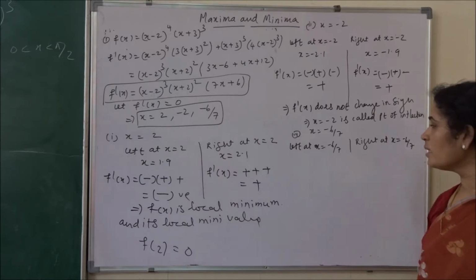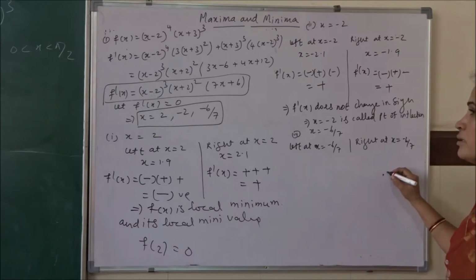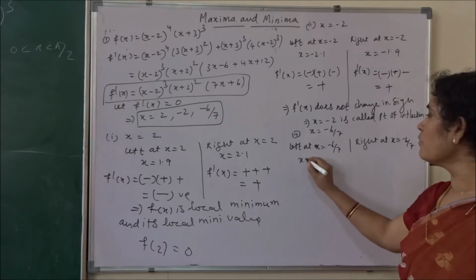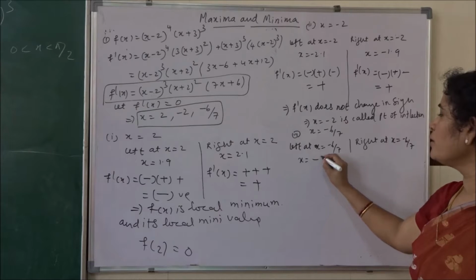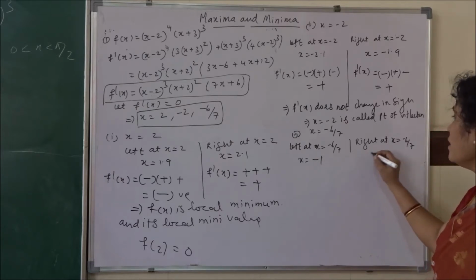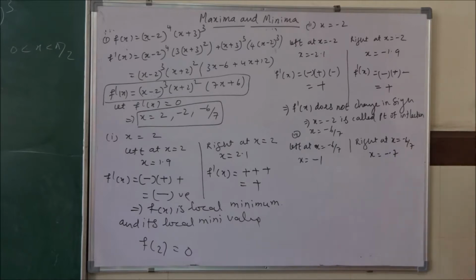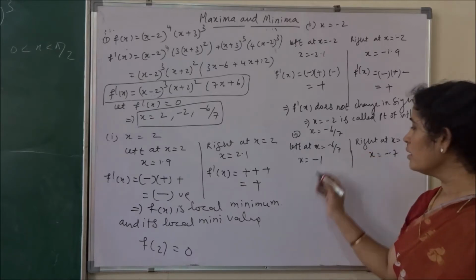Minus 6 by 7 is approximately minus 0.9 something, am I correct? So I am taking the left value as x equal to minus 1, and the right value as x equal to minus 0.7, okay fine. So left and right values I am taking.